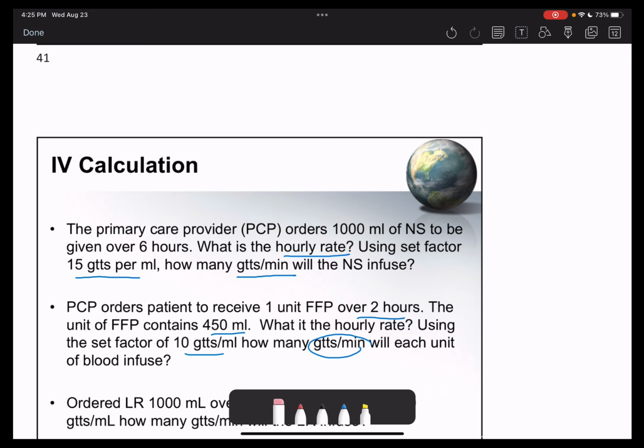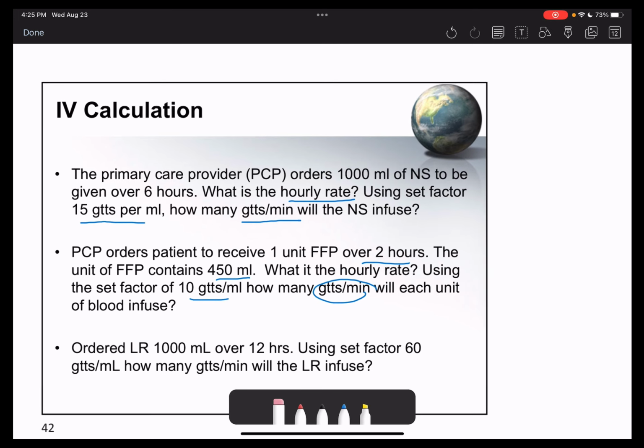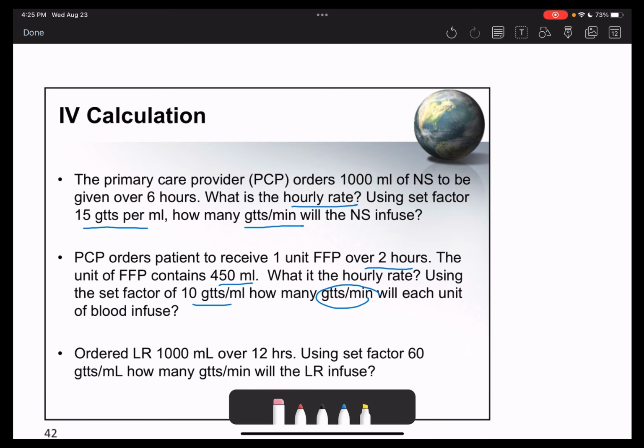So if it's using an IV pump, it should be the hourly rate. If it's by gravity, then it would be the drops per minute. Anyway, let's go to the third problem. So you have 1,000 ml of LR, and it needs to be infused over 12 hours. Using the set factor of 60 drops per ml, how many drops per minute will you infuse?